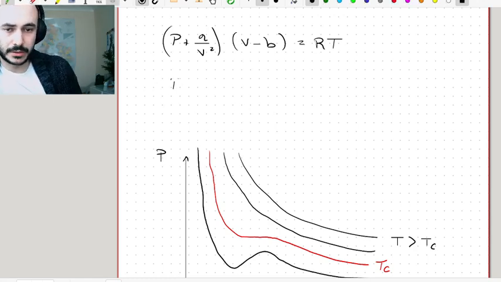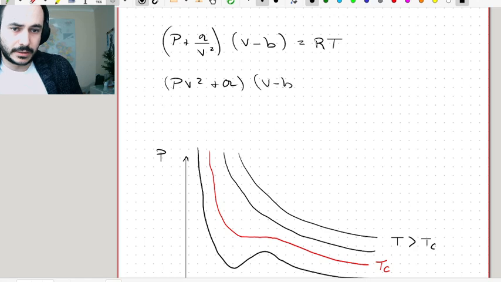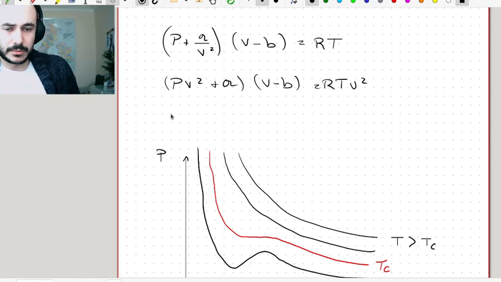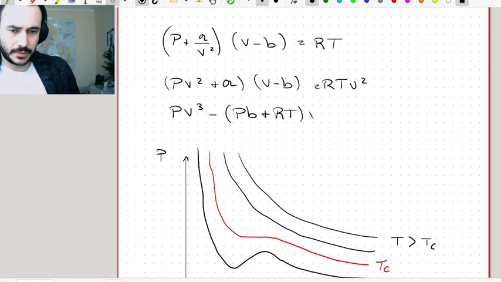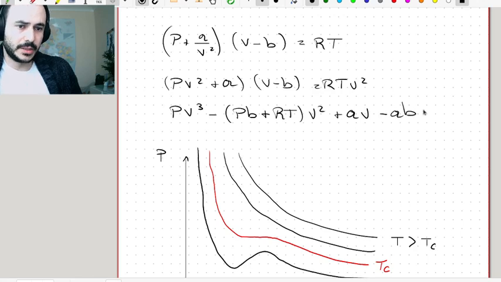So let's just multiply everything by V squared like this, and this is (V minus b) RT. We make the multiplication here, and what we get is PV cubed, and then what else? So it's minus (Pb plus RT) V squared, and we have also the linear term aV, and we finally have minus ab equals 0.